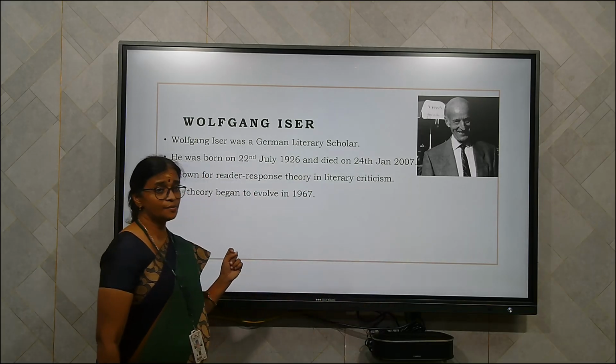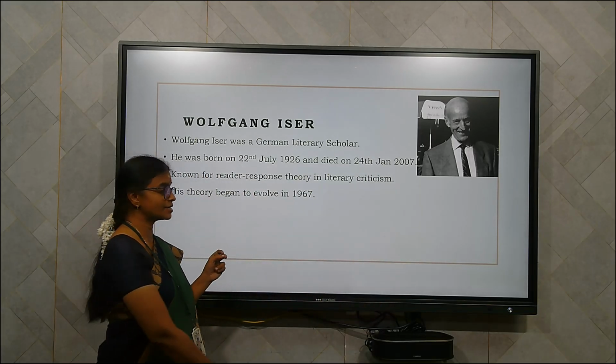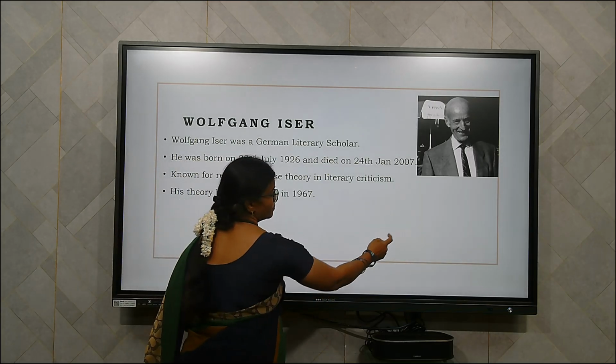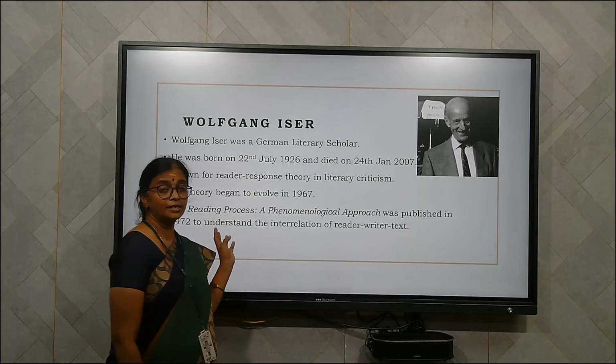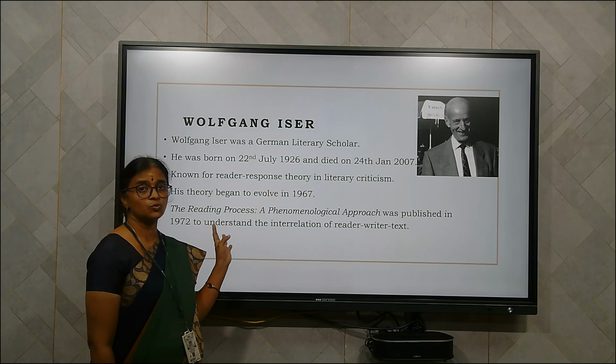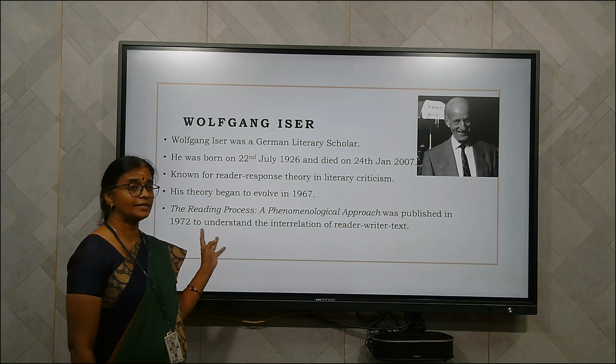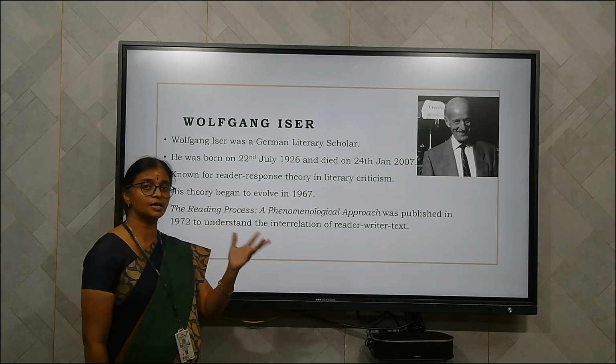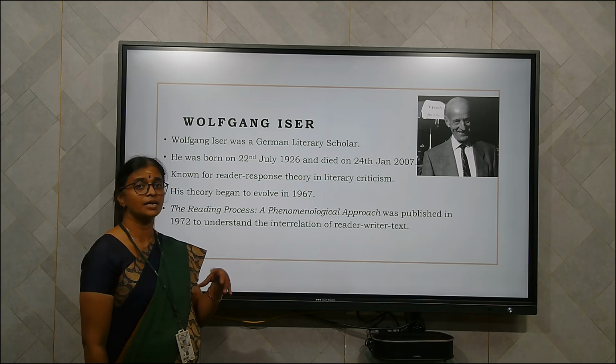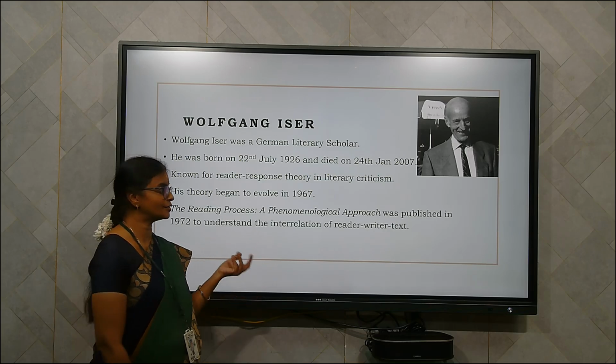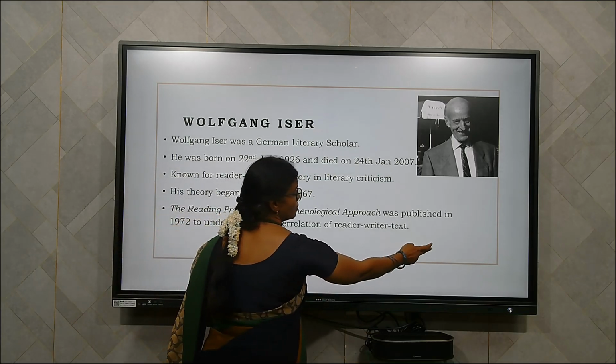His theory began to evolve in 1967, and this work, The Reading Process: A Phenomenological Approach, was published in 1972, in which he discusses the interrelation between the reader, text and the writer. So let us see about it.